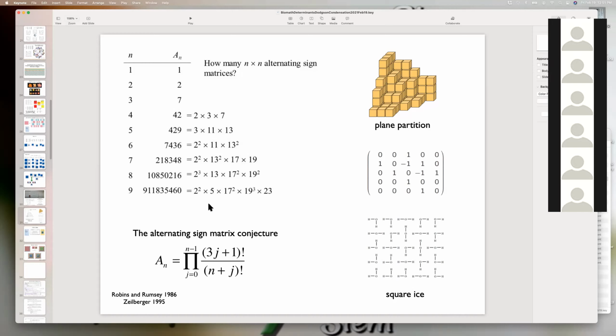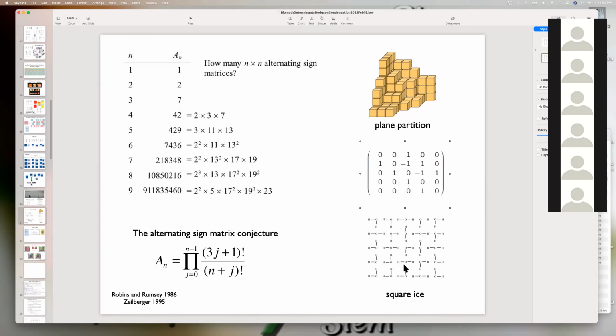And then proving this combinatorially is a really interesting story in the history of mathematics, because there was a connection to something called plane partitions, these blocks that are stacked. You have a certain number of blocks and you stack them in the corner of a room. How many ways can you do this sort of thing?